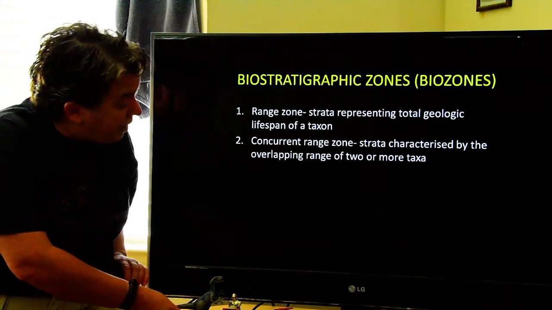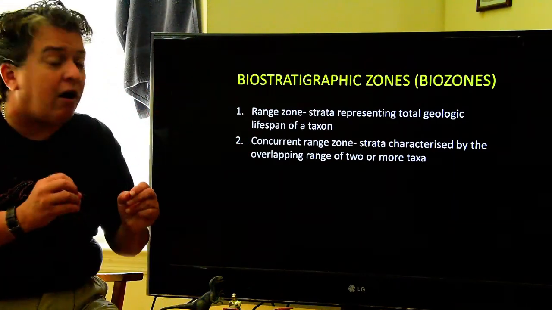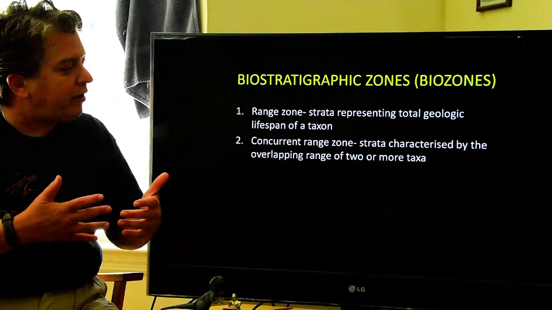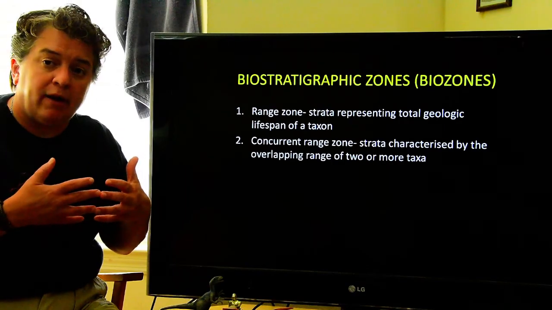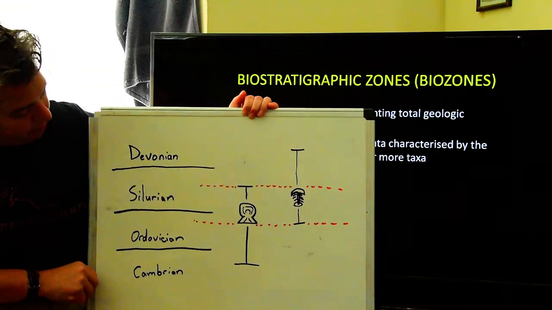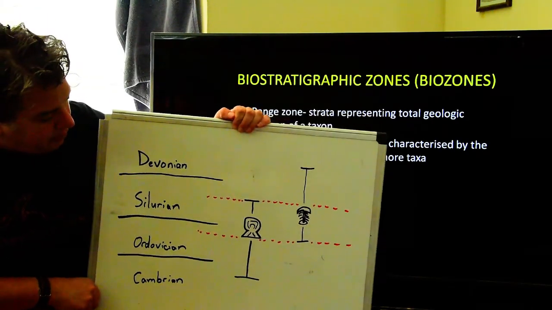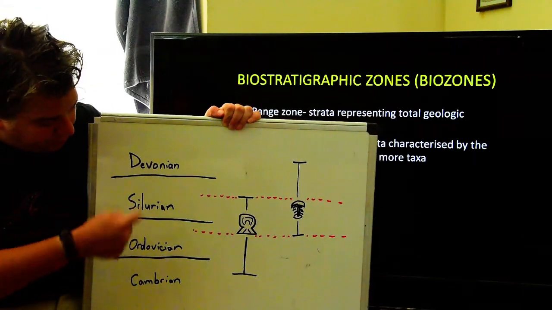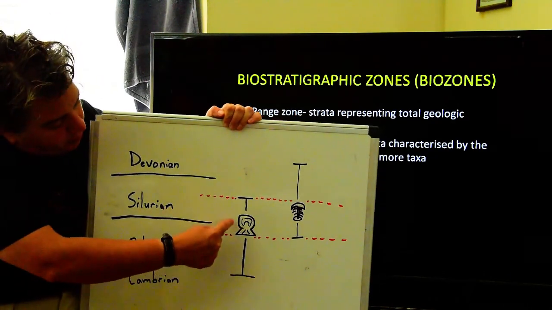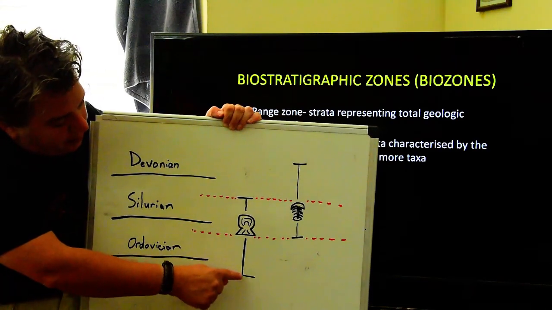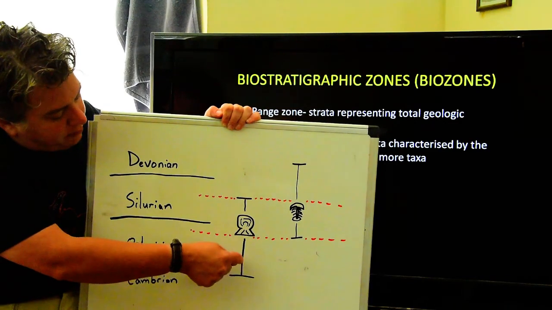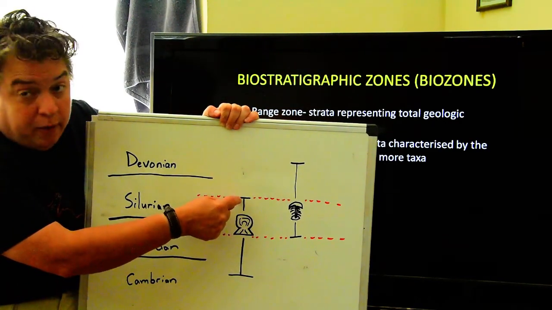And then we also have the concept of what's called a concurrent range zone. And these are the layers of rock characterized by the overlapping range of 2 or more taxa. So what I have right here, let's say, here's my time periods, right? Cambrian, Ordovician, Silurian, so on. Let's say I have one fossil right here. That's its range zone. It shows up here, and that organism, that species, lives all the way up to here.